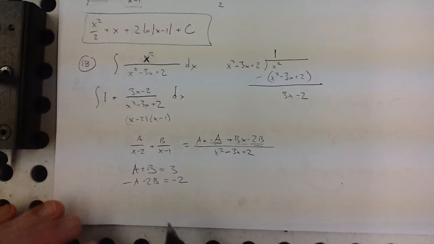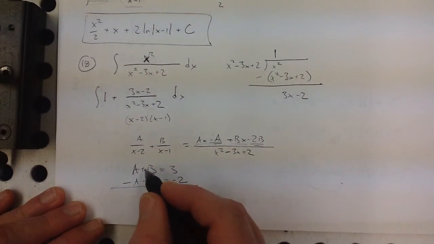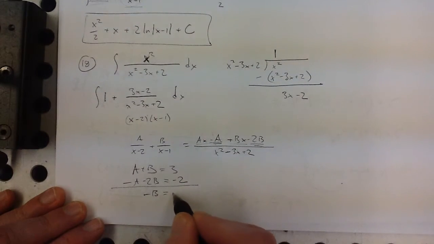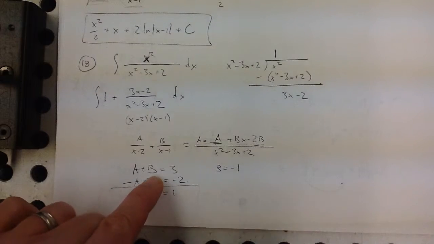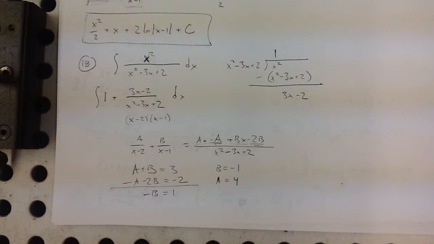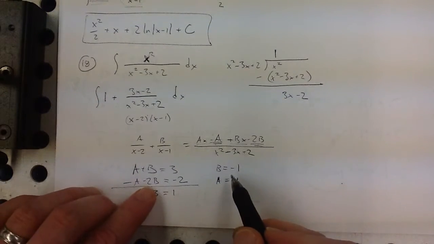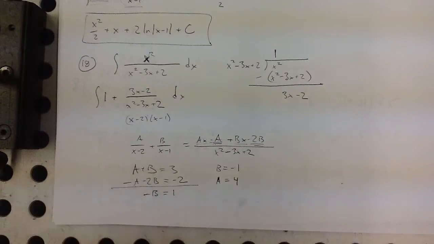Those are all set up for Gaussian elimination. So minus b is equal to 1, so b is equal to negative 1. And if b is negative 1, that means a would have to be 4. Just check them in this equation to make sure that that's right. That'd be negative 4, and then if there's 1, so that works.